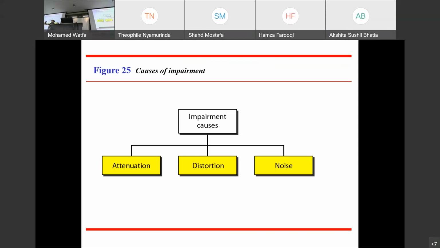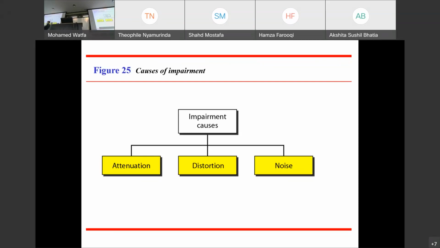So attenuation means the signal is kind of dying slowly. Amplitude is going down. What do we do? We amplify it using an amplifier, if it's analog, or a repeater. So we amp it up, right? That's what an amp is for. Because the signal is attenuating, especially if you're using a specific cable, it doesn't handle long distances, so my signal will attenuate.